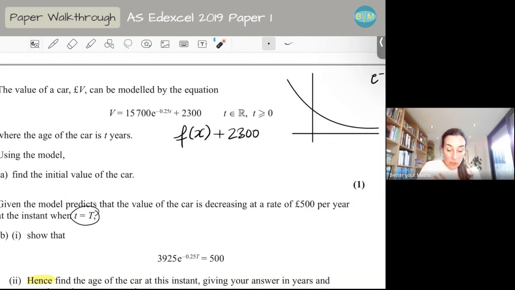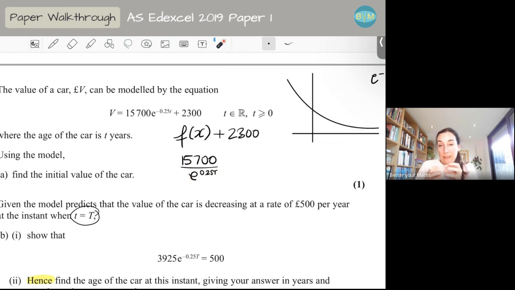that this function is always going to be positive, but decreasing. So if you don't remember the graph, you have a value here divided by e to the power of 0.25t. When t increases, this decreases because you're dividing by a larger number. And then you are always adding the 2,300.